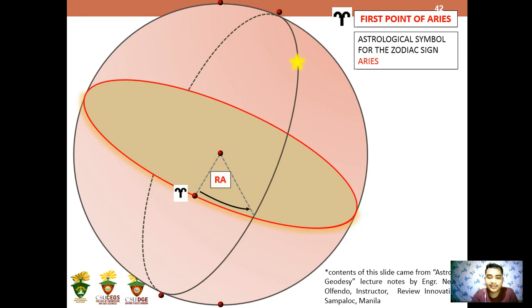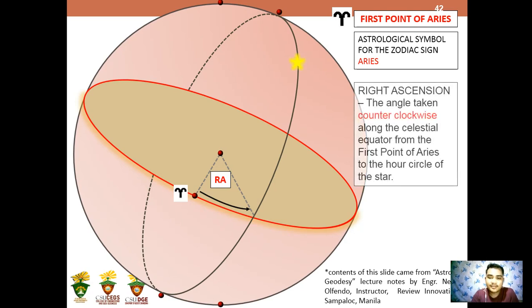Right ascension is measured counterclockwise from the first point of Aries to the star. It is the angle taken counterclockwise along the celestial equator from the first point of Aries to the hour circle of the star.